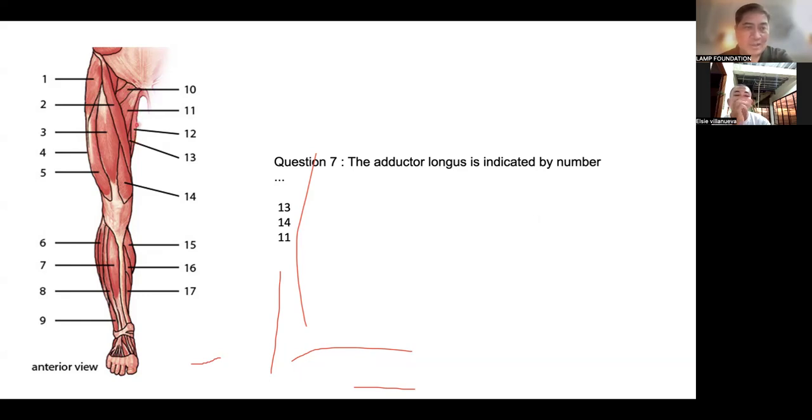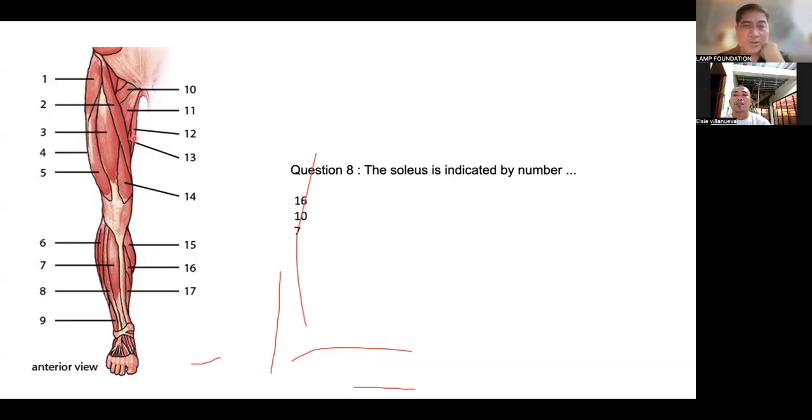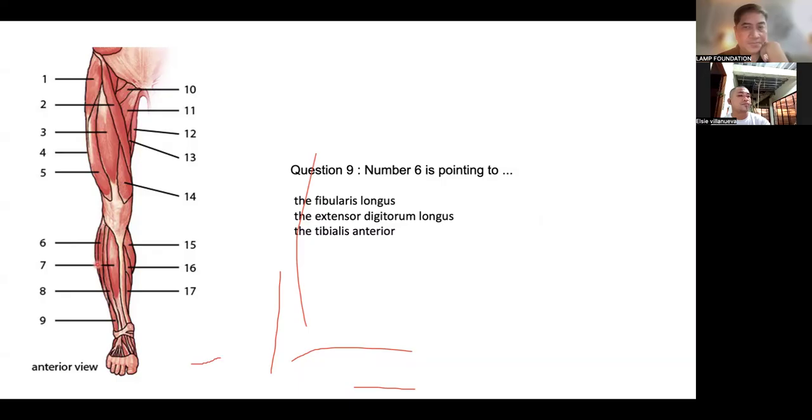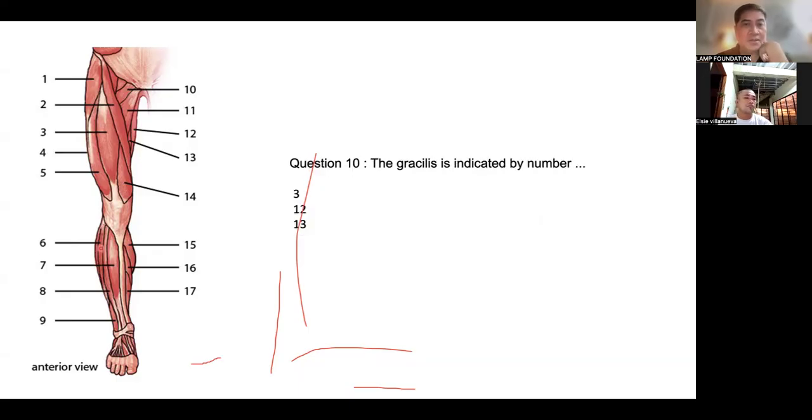Sino si number 12? Yung parang ice cream ang tunog. Ay, hindi pala. Adductor magnus. The soleus is what number? 16. Number 6 is fibularis longus.